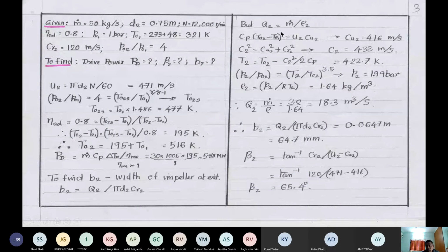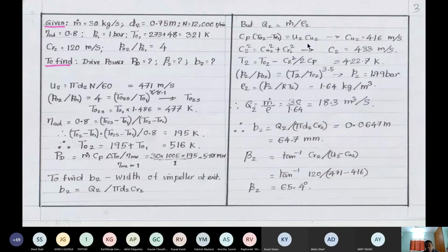Now this Cp into T02 minus T01, that is the specific energy added, that is equal to the specific work, the Euler specific work equation, so that is equal to delta UCU. Now in most of these machines Cu1 is 0.